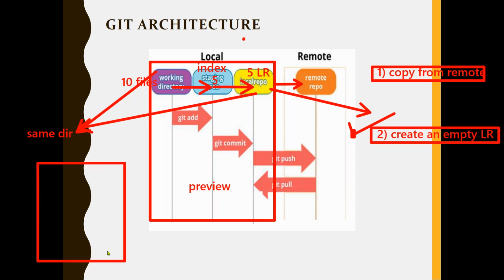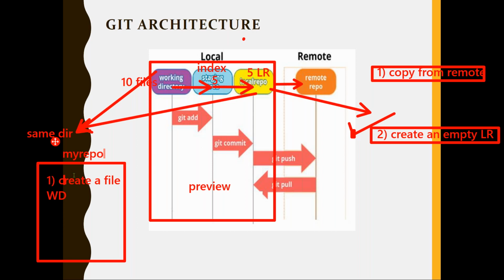Let me tell you. See, this is a folder or a directory. If I just place a file there, whether I have created it by writing it or by copying it, if I just place a file in this directory, then we call it the working directory. The same folder, let's say the folder name is my repository.